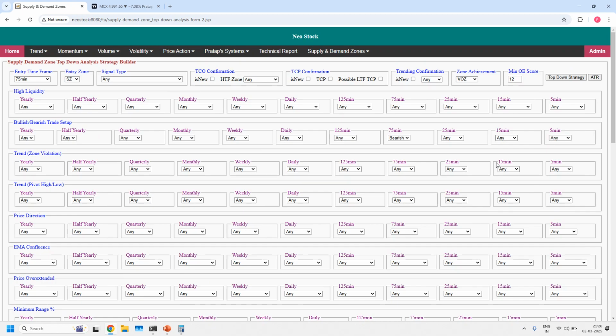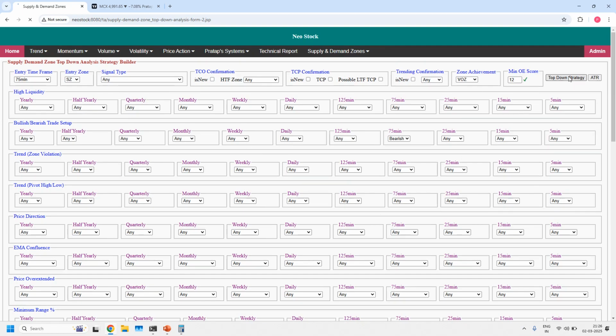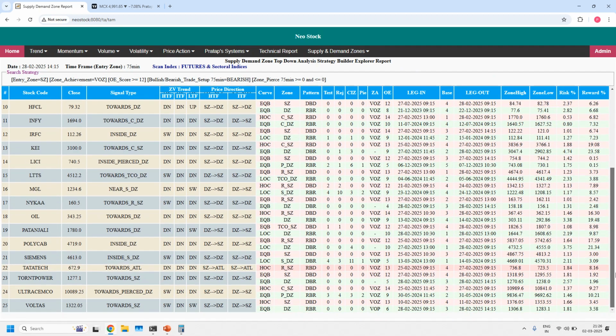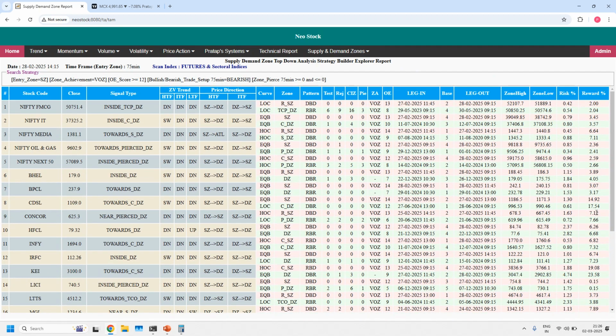Okay, all the 3 filters we apply on the 75 minute supply zone. Oh, we got 25 stocks. My God. It is very hard to analyze all 25 in this video. But anyway, 25 stocks we got which are supporting bearish trade setup for weekly income trade, and entry time frame zones are 75 minute supply zones.